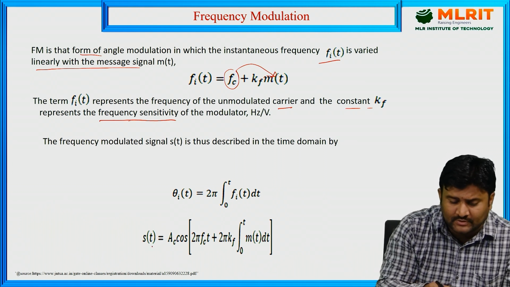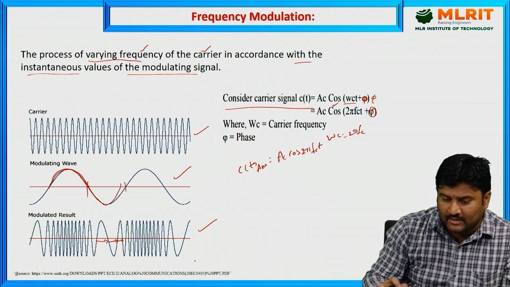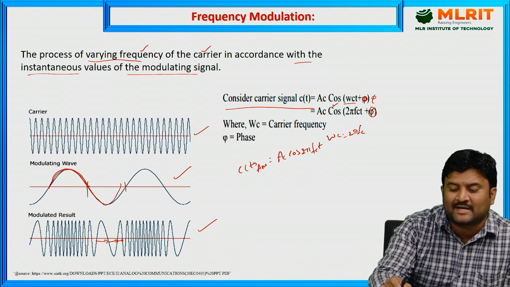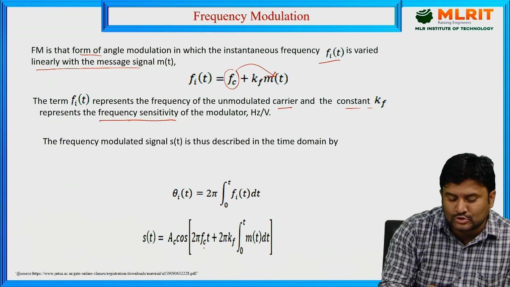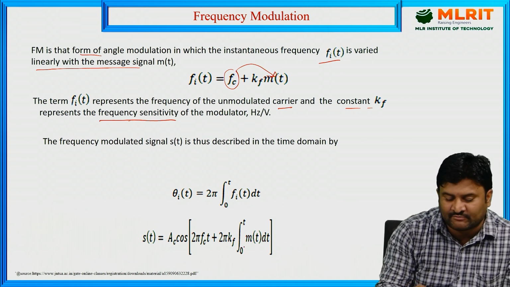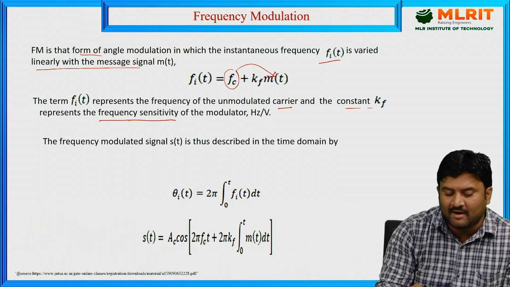Then you can substitute this value into the equation Ac cos(omega c t plus theta). Then s of t is equal to Ac cos(2 pi fc t plus 2 pi Kf, Kf is the constant one, integral 0 to t of m of t dt).